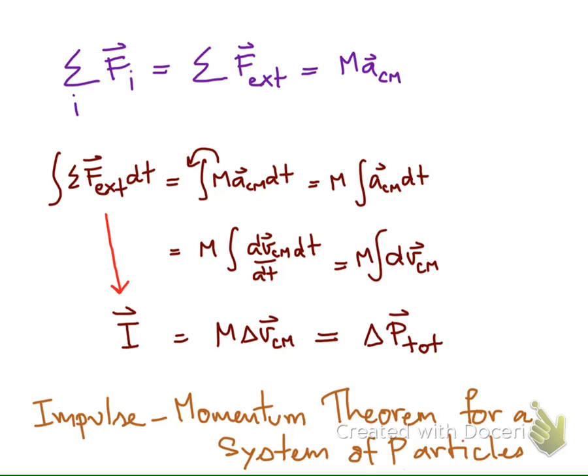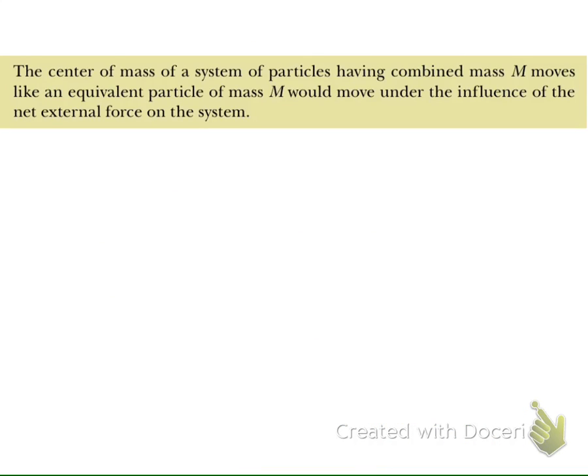So the behavior of a system of particles is very similar to the behavior of a single particle if we explain it in terms of the center of mass. The center of mass of a system having combined mass m moves like an equivalent particle of mass m would move under the influence of the external force on the system.